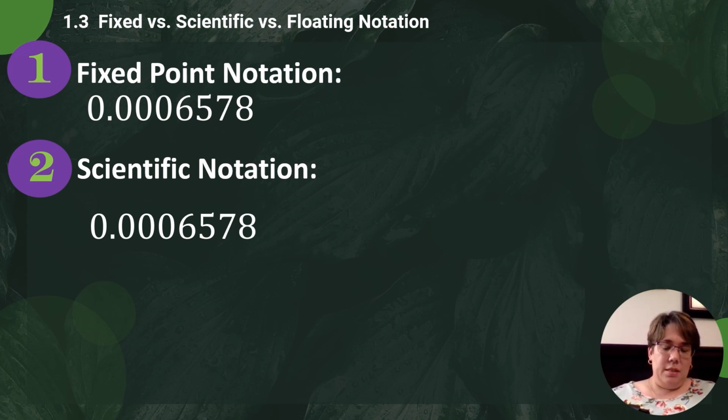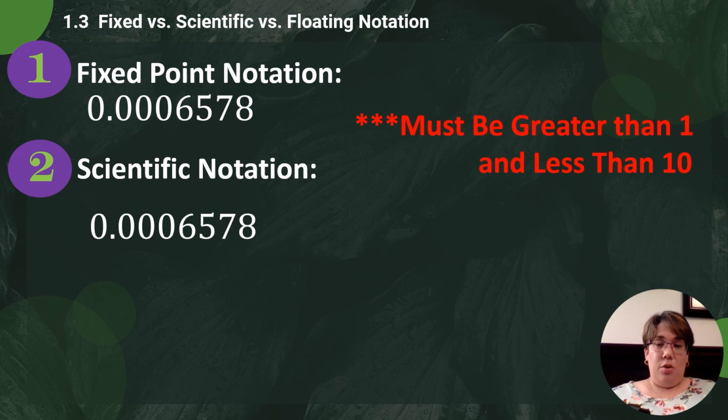So in scientific notation, we need to change this base number into a number between 1 and 10. We have to move the decimal place. So because it has to be greater than 1 and less than 10, let's move the decimal place 1, 2, 3, 4 times.